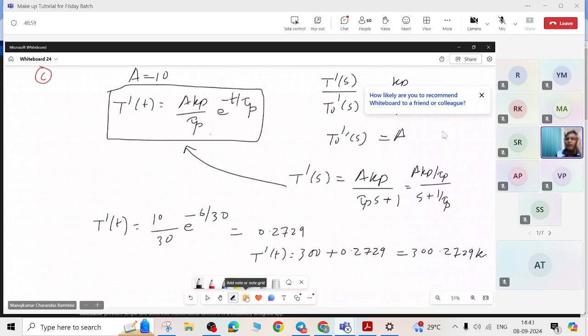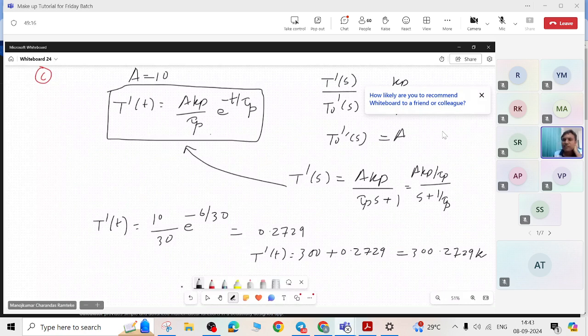Now let's say you have a pulse input. Remember, in this case we said that since the time was not specified, that is why we took an impulse. But if you had specified that the time is exactly 1 second, then it would have been a pulse, isn't it?